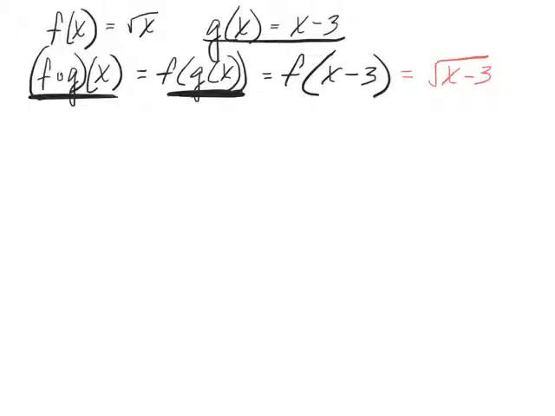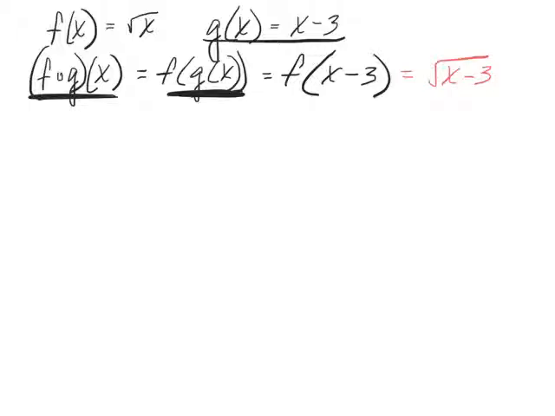So the second part of this, part B of example 6 on 141, says to find the domain of f composite g and g composite f. Well, let's just look at the f composite g because it's basically the same thing. The domain of f has to be 0 and all positive numbers.